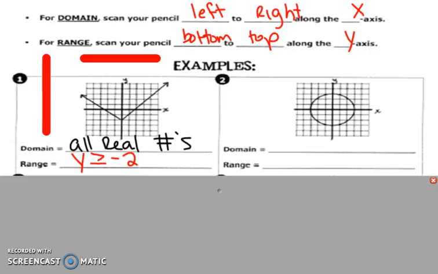If we look at the second example, again, for my domain, I'm going to take my pencil and drag it from left to right. It hits at -3, continuously hits, and then stops when I get to +3. So in this case, my domain starts at -3.